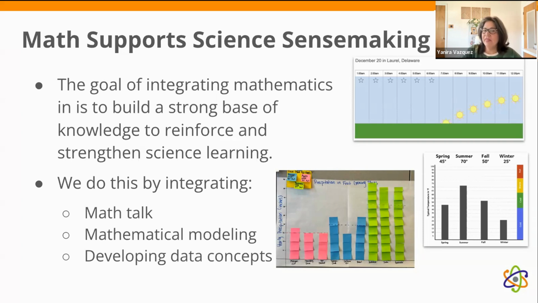We integrate math through math talk, math modeling, and developing data concepts. Data is where we focus our time, so you will notice that even from kindergarten, our students are planning investigations, thinking about how to collect data, collecting that data, and then analyzing that data.